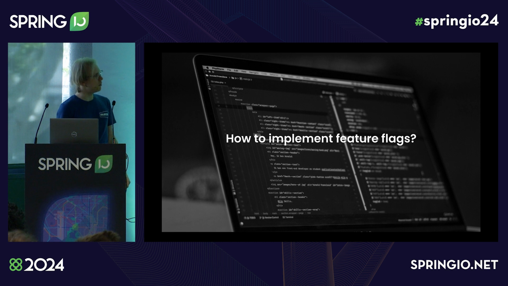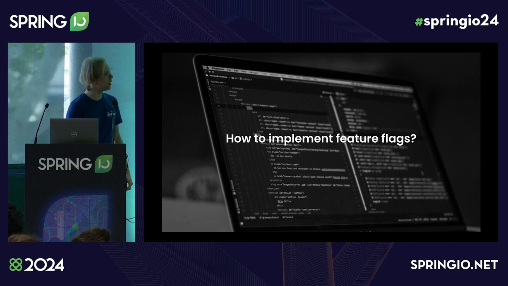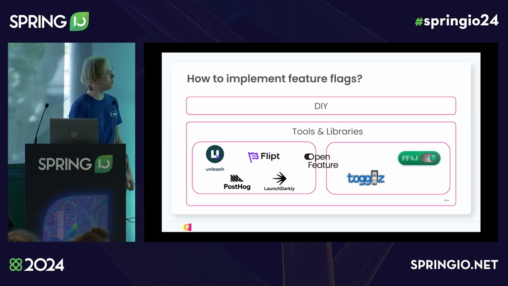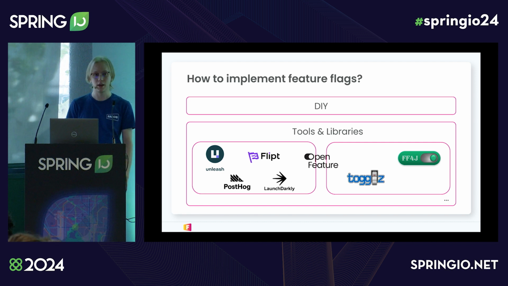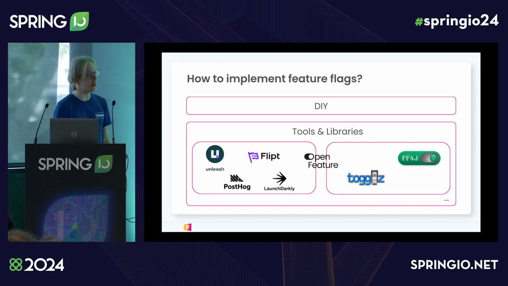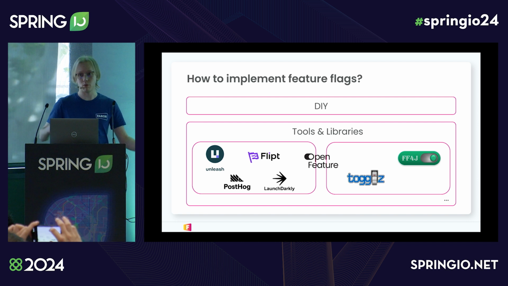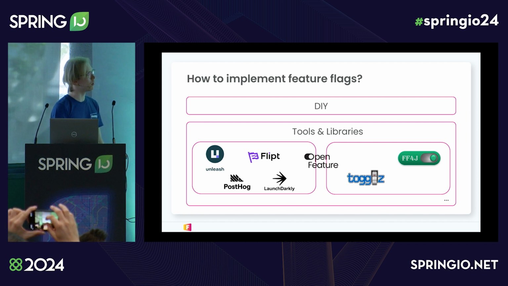So then, how to implement feature flags? That's actually a less easy question to answer. First of all, and I unfortunately have to admit, there's the DIY solution that we use as well. Which means you're still going to have a configuration property somewhere, and you might have to redeploy your existing application with the new configuration.